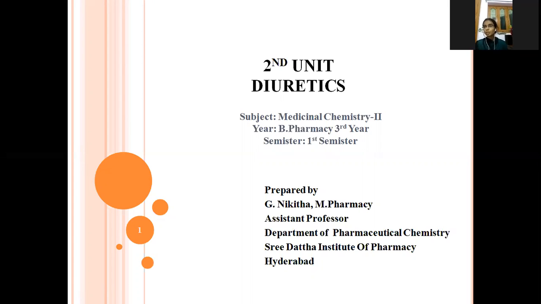Today we are going to discuss diuretics. It is the second unit in the Medicinal Chemistry 2 subject of the B Pharmacy third year first semester.